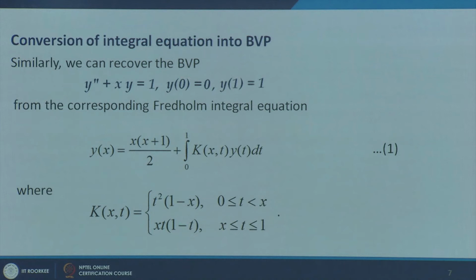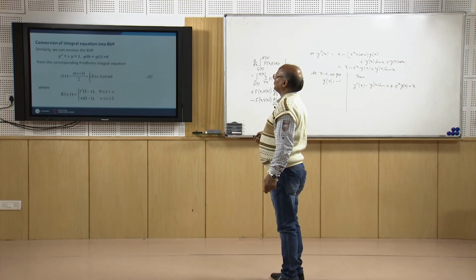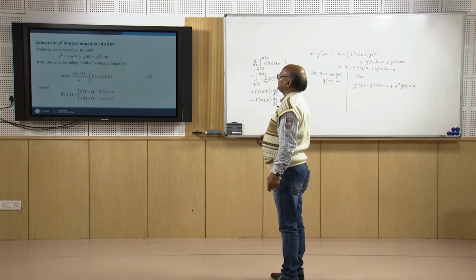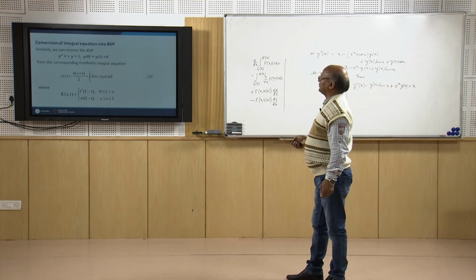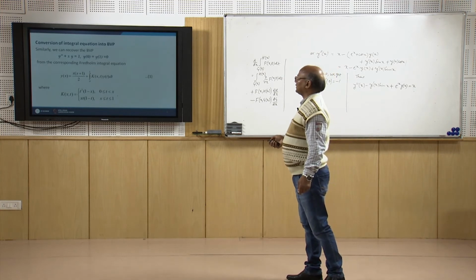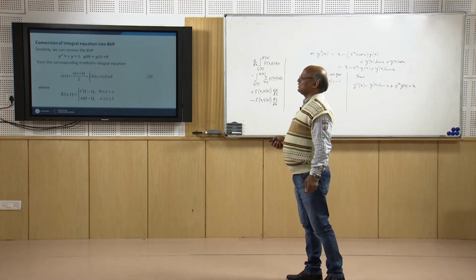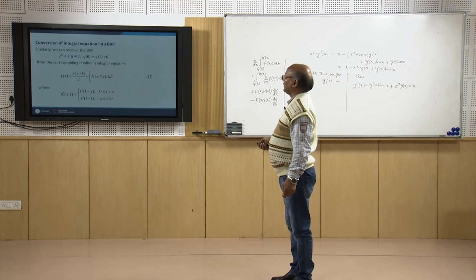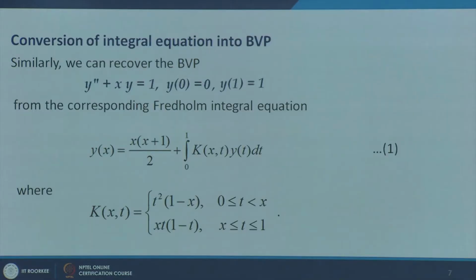In the previous lecture we saw that when this boundary value problem is converted into an integral equation, we get this Fredholm integral equation of the second kind, y(x) equal to x into (x plus 1) by 2 plus integral 0 to 1 K(x,t) y(t) dt, where we had obtained K(x,t) equal to t square into (1 minus x) for 0 less than or equal to t less than x, and x t into (1 minus t) for x less than or equal to t less than or equal to 1.